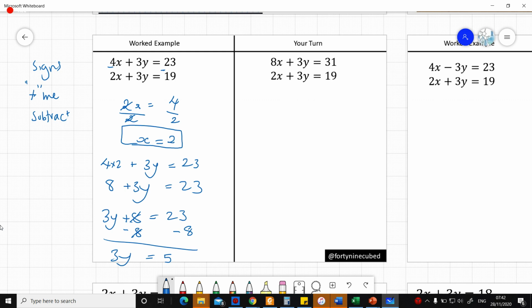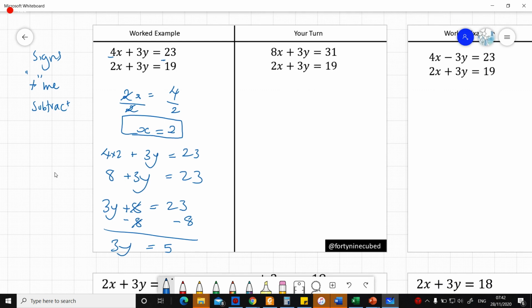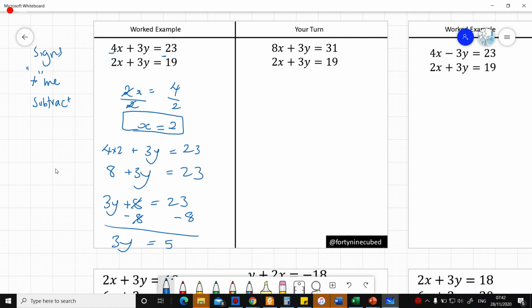Now because we have 3 lots of y equals 5, we're going to remove the 3 by dividing by 3. So that 3 cancels out with that 3, therefore y is equal to 5 over 3. These are lots of steps, I know, but actually it's quite straightforward.